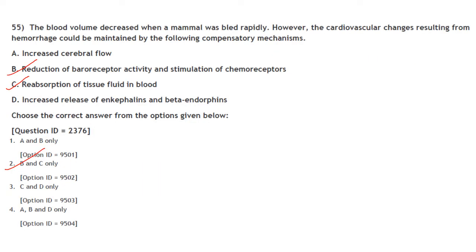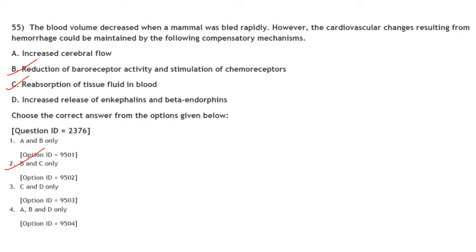Then next one. The blood volume decreased when a mammal was bled rapidly. However, the cardiovascular changes resulting from the hemorrhage could be maintained by the following compensatory mechanism. So when the animal was bled rapidly, the blood volume decreased, and once the blood volume decreases, it leads to reduced cardiac output and arterial pressure.